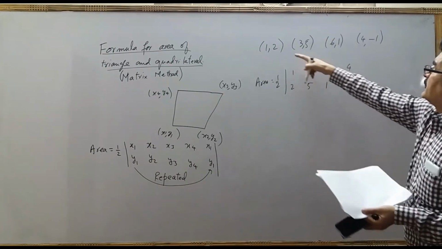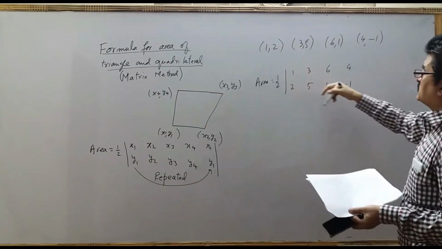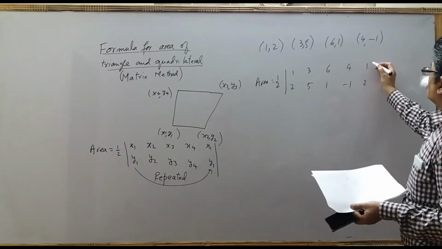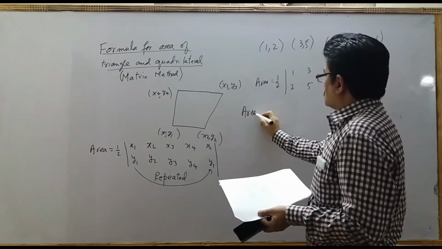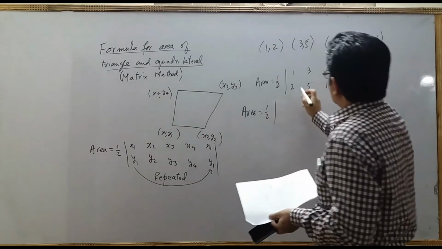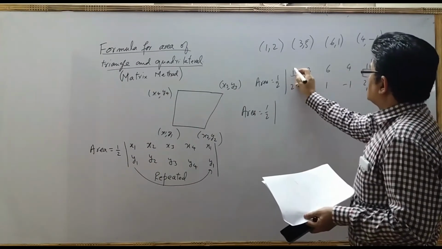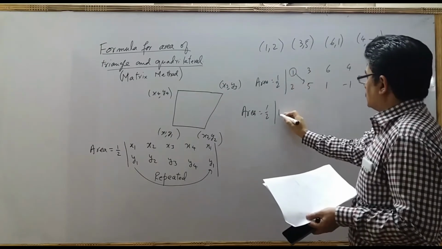Now we will repeat this point first. Whatever you take first, you can take, but you have to repeat it. How will you calculate it now? Area 1/2 mod. Now you will start from this point and diagonally you will multiply.